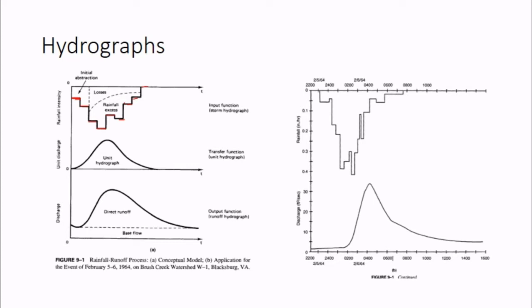Kaya nalalaman nila yung dami nung ulan na bumabagsak sa isang lugar dahil doon sa bagyo. For example, doon sa bagyong Ulysses, ang dami niyang ulan na binagsak, same daw nung sa Ondoy. Then, nakakapag-forecast din sila gamit yung mga gauges na yan.